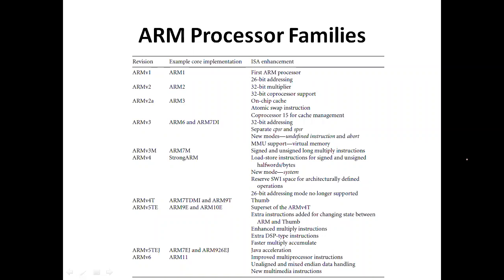New modes were also introduced: undefined instruction and abort modes, in the version 3 ARM processors, belonging to the ARM 6 and ARM 7 family.